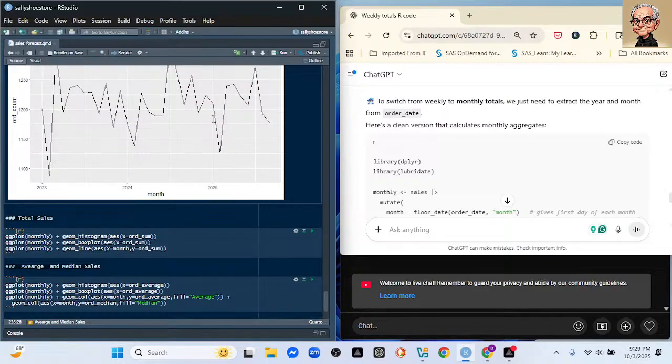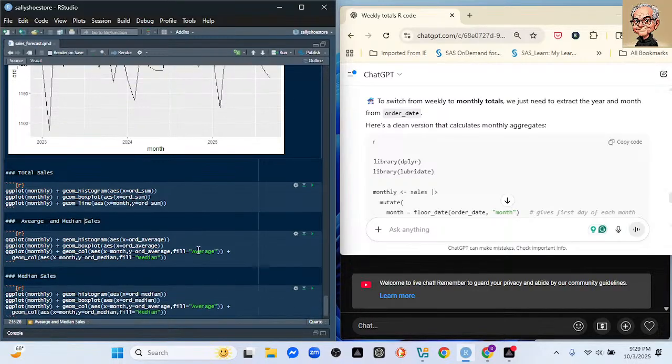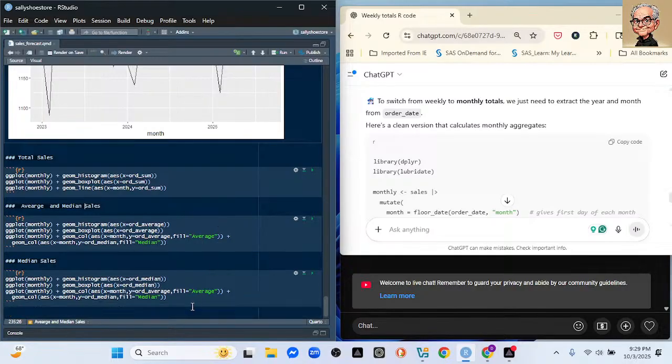This looks pretty good here. Oh wait, we want to do one more thing. I know what we wanted to do. We wanted to come down here and do a geom smooth.